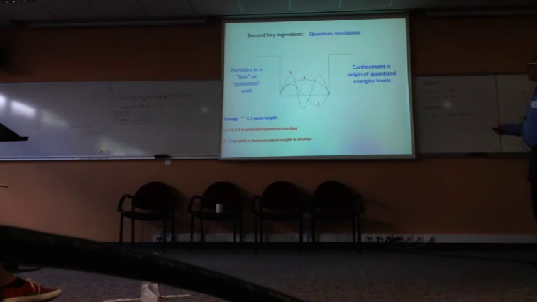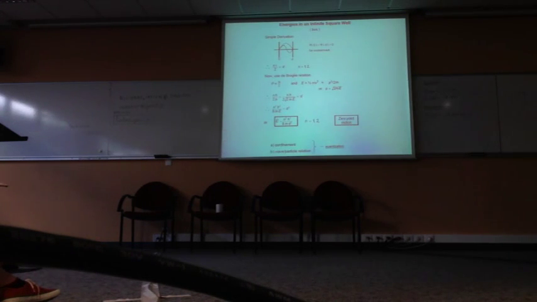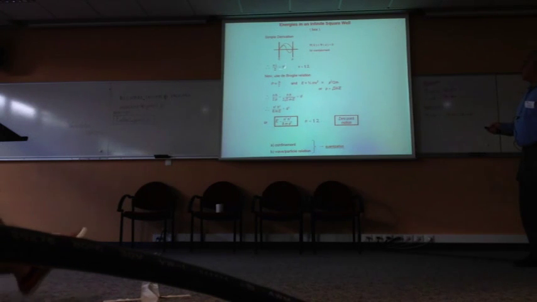So confinement, putting the particles in a box, is the origin of quantized energy levels. And notice that if I call n the number of nodes or the principal quantum number, the energy goes up with n because the wavelength is shorter. That's very simple. Just to show you how simple it is, you can derive the lowest energy without even the Schrödinger equation, just using the de Broglie relation.